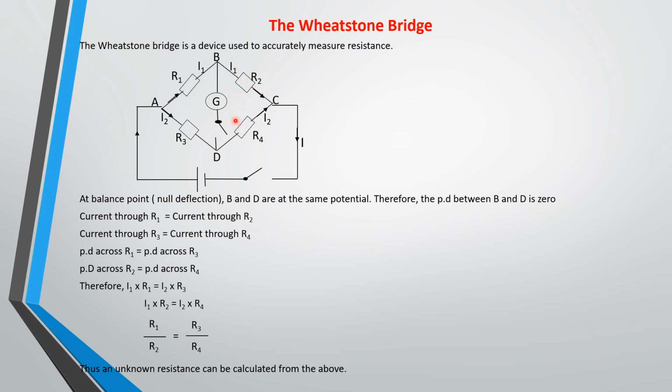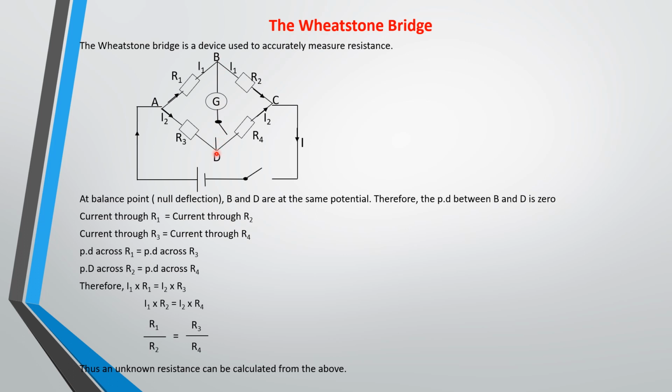Alright, so for the Wheatstone bridge, a balance point is obtained when there is a non-deflection on the galvanometer. Okay, when there is a non-deflection on the galvanometer. So at balance point, that is when you have no deflection, the potential between B and D are the same.